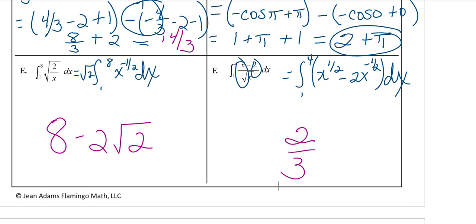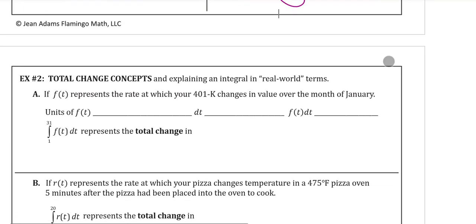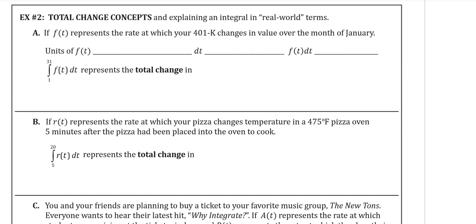Okay, moving on and going through some of the terminology that comes up on the AP test. Example 2 talks about total change concepts and explaining what the parts of the integral mean in the real world situation that were presented. So if f of t represents the rate at which your 401k changes in value over the month of January, units of f of t are dollars per day.